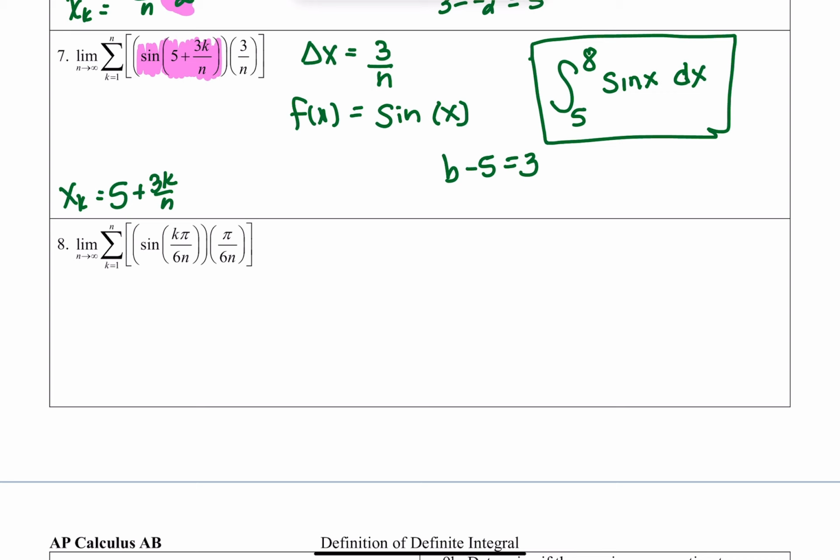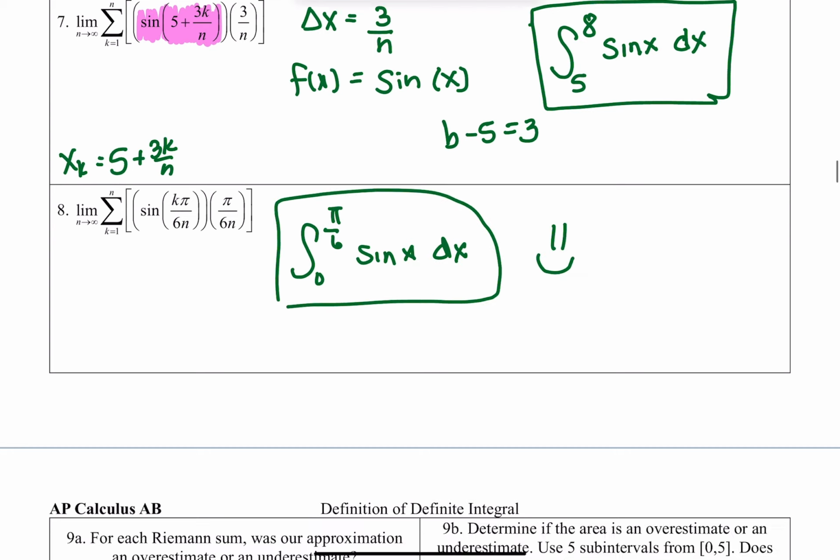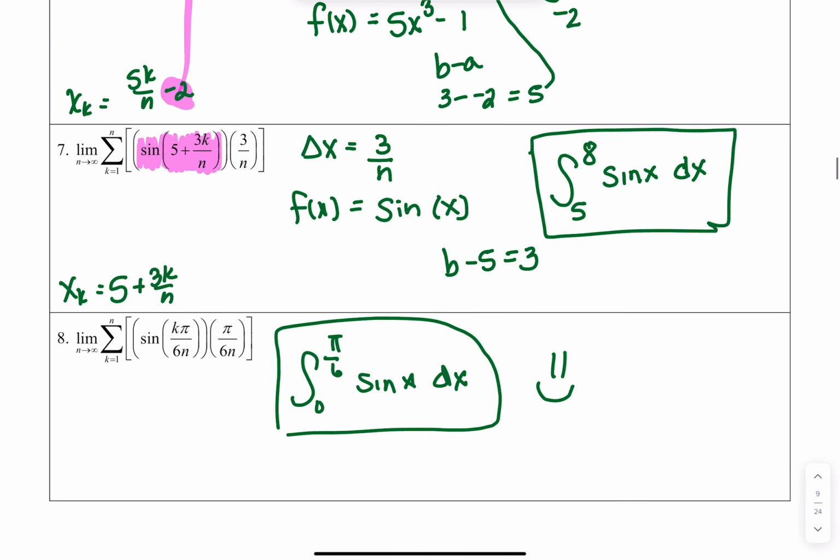Okay, and then I'll let you guys do the last one. That is going to be from 0 to pi over 6 of sine x dx. Check your work there. And then whenever we are in class, we'll do more practice on this, and then we'll also do more practice on properties of integrals.